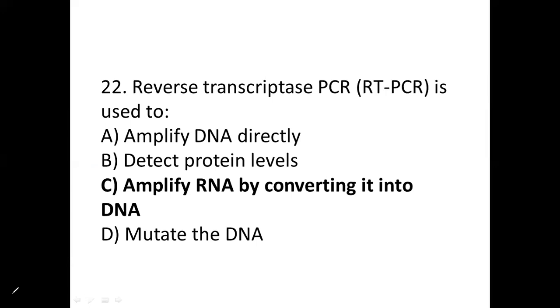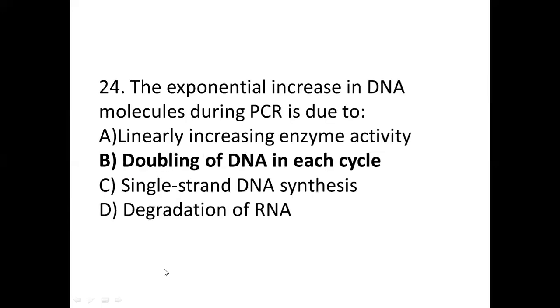Reverse transcription is where from the RNA we synthesize the DNA. So that is option C, amplify RNA by converting it into DNA. That is the reverse process of transcription.